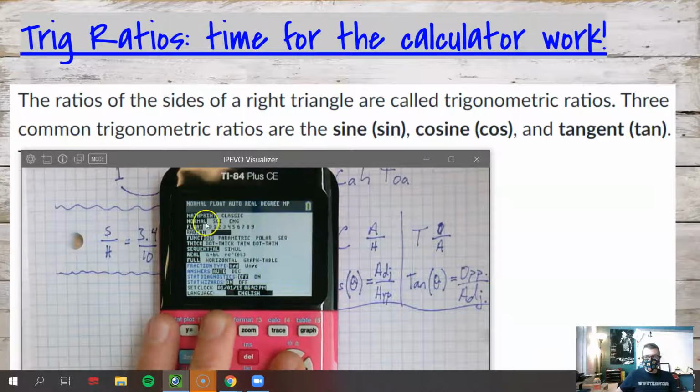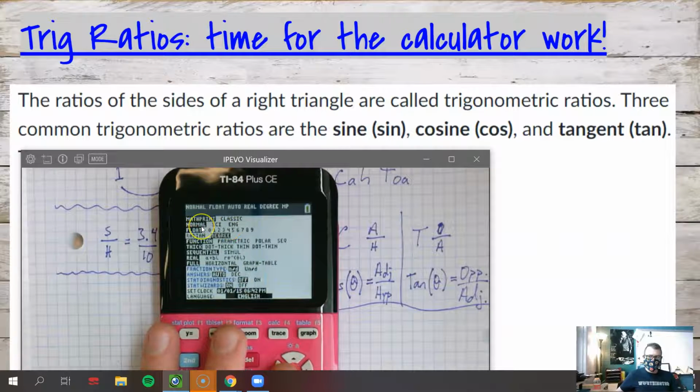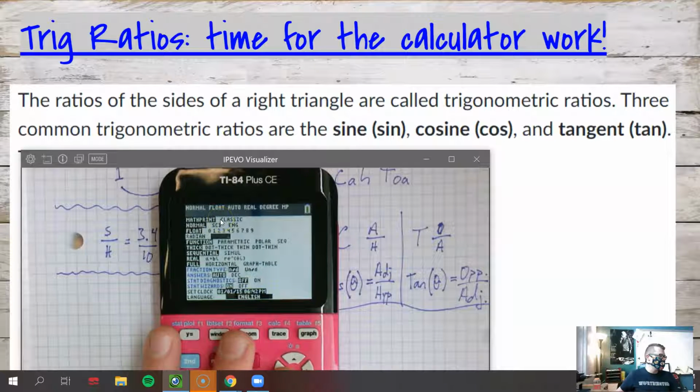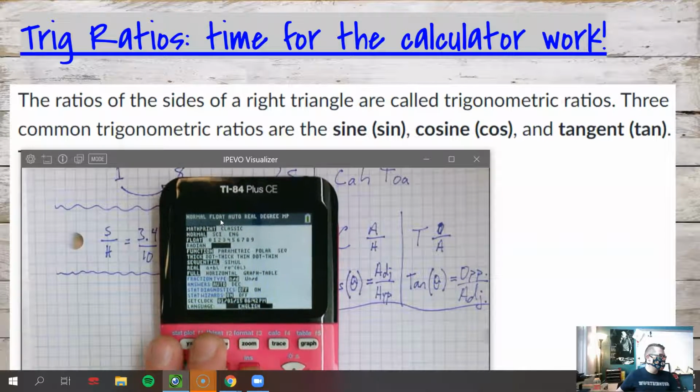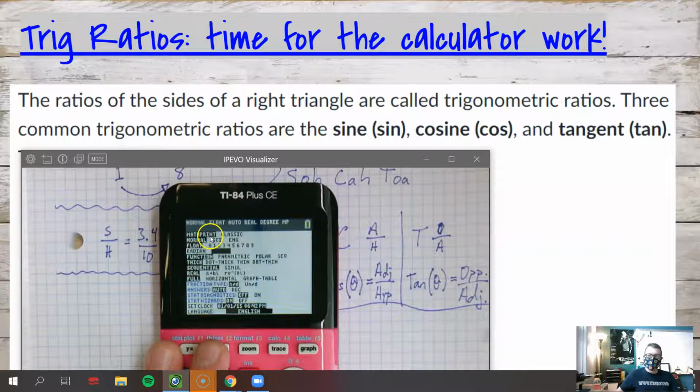Everything else is pretty fine. We can fix things if they come out wrong. Scientific versus normal, we just normally have it on normal. Math print versus classic will determine if you get decimal answers or radical answers. I like math print better because it spits out your answer in radical form. This is for whether we do real or imaginary number representation.